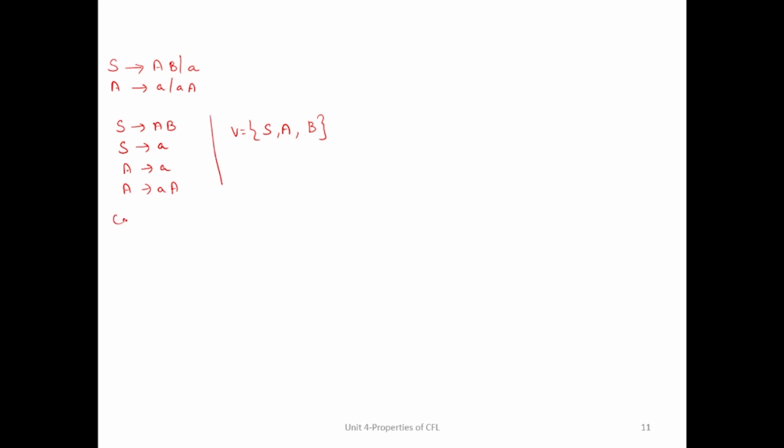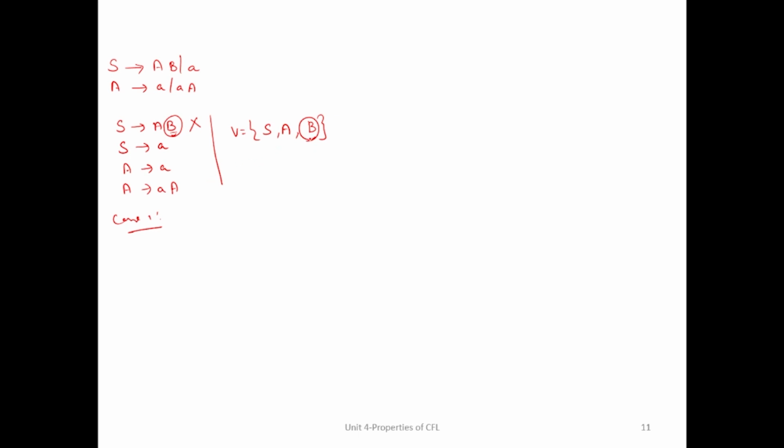This comes under case 1 because B is a non-terminal symbol, but B does not have a production in it. If a non-terminal does not have a production, then that symbol is considered as a useless symbol. Wherever that symbol is available, we should eliminate those productions, because that production is also considered useless.